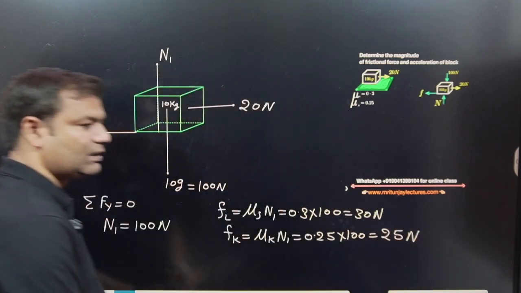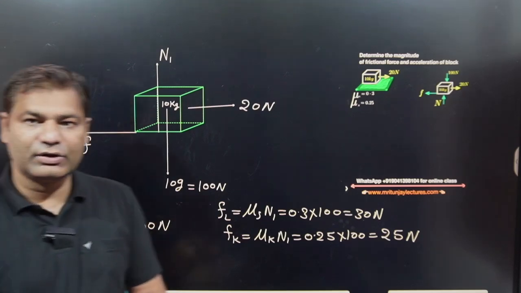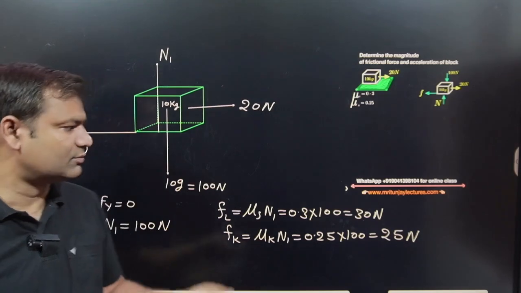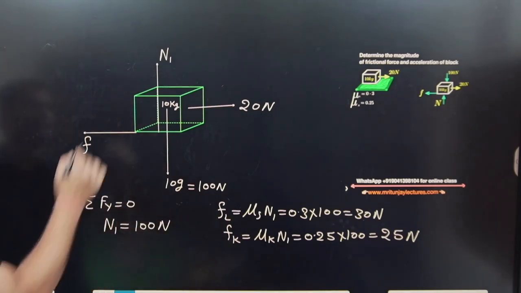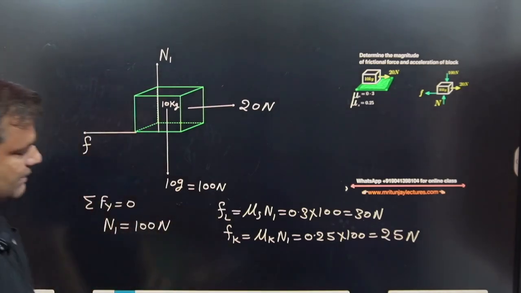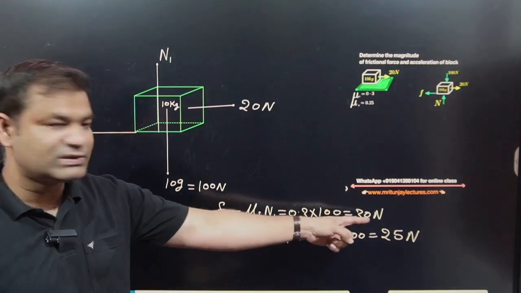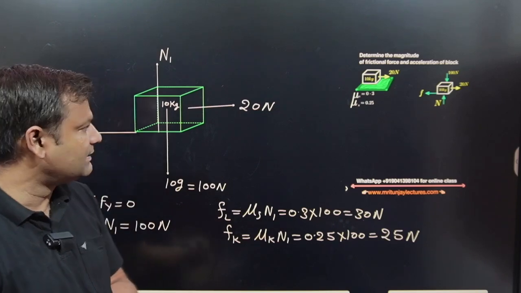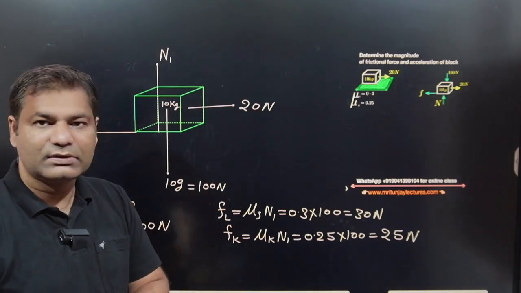Look, whether this block is moving or not is decided by applied force and frictional force. Now look, here limiting frictional force is how much? 30 Newton. It means maximum frictional force is 30 Newton, and here applied force is 20 Newton.